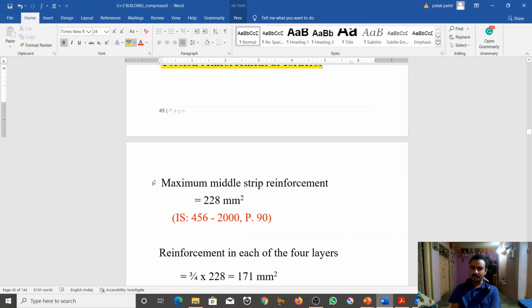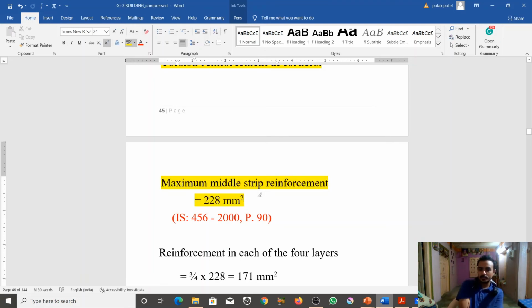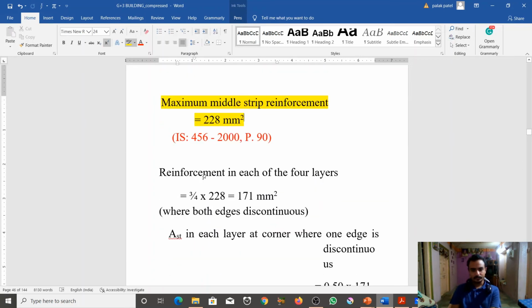In the mid span we need 228 mm square of steel. So by this condition, reinforcement in each of the 4 layers is 3 by 4 into 228, so 171 mm square reinforcement area is required.